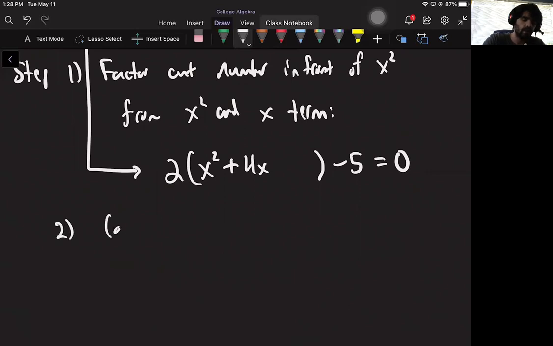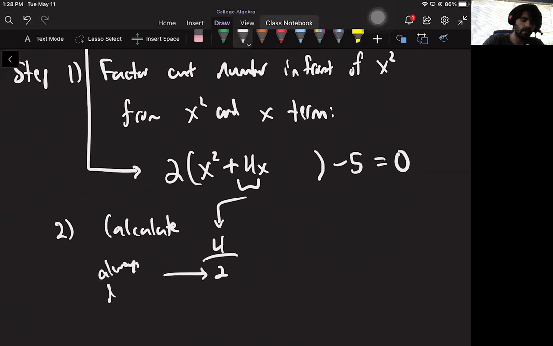So step 2 is calculate whatever this number is over 2. Always divide by 2. And then square it. So this is just going to be the same as last time, but that's okay. We'll do other ones as well.